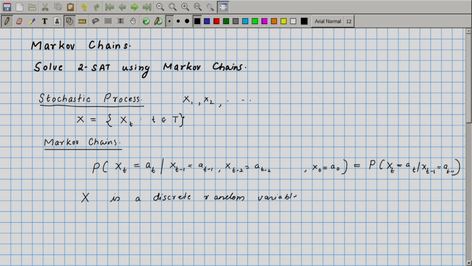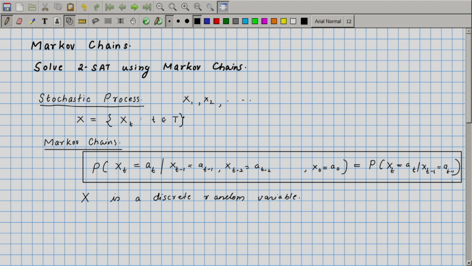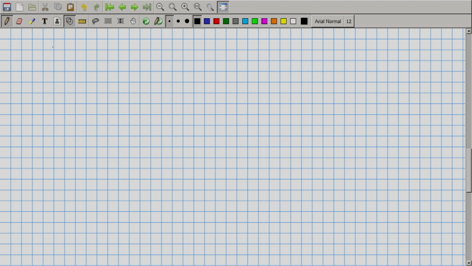Okay. So, typically x is a discrete random variable, which means it can take, let us say, countably many values. So, let us look at this equation a little more carefully. The random variable x_t can take countably many values.